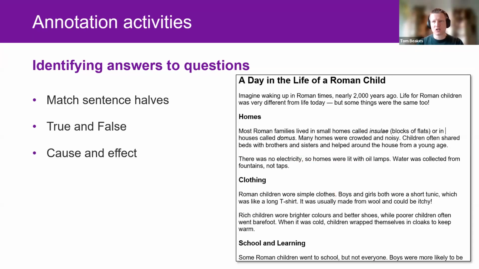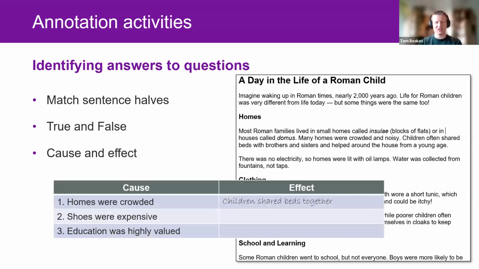A version of this that's a little more sophisticated, so again we might use it with learners who are a little older and with higher language proficiency, is to do this with causes and effects. This particular text doesn't necessarily lend itself well to this activity, so these examples are quite simplistic, but once we're working with texts in, for example, humanities or science, where there's a lot of talk about cause and effect, this can be very effective.